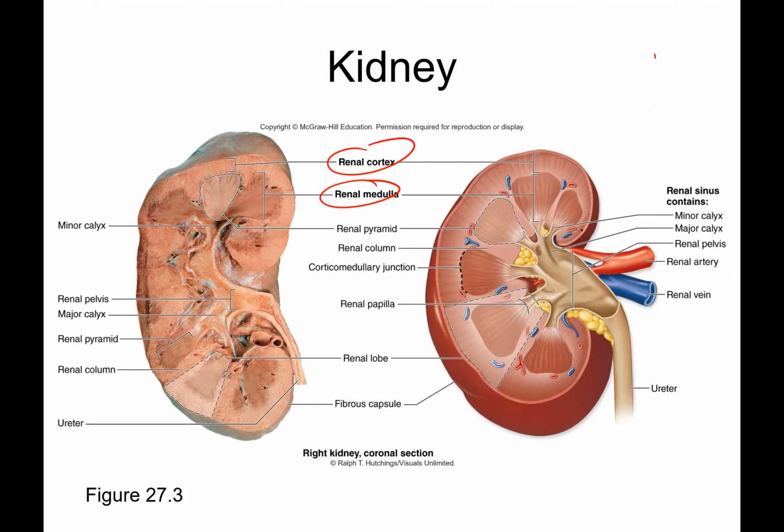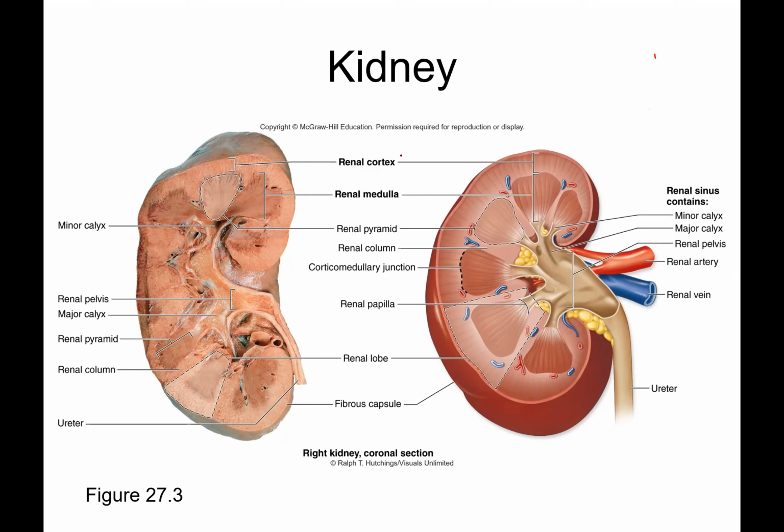Okay, so you're seeing the outer cortex. It's basically all this part here in the kidney, and it does have a function, which we'll talk about in a little bit. Okay, and then you have the inner medulla, which is all of this part. And that also has a function that we'll talk about in a little bit.